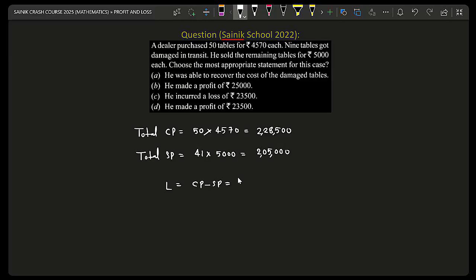23,500. Is 23,500 rupees loss or profit?